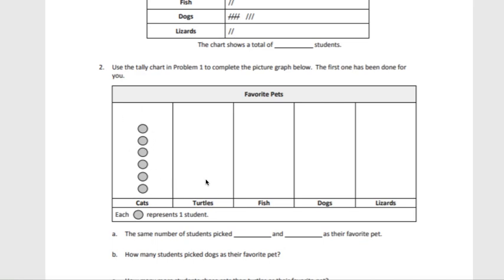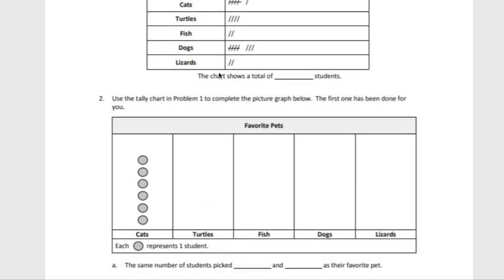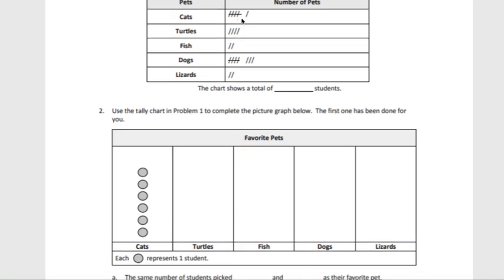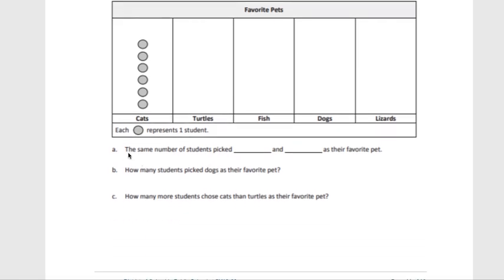So you would make a circle for each tally mark that was up here. So for turtles, for example, there are 4 kids that voted for turtles. So that means you would do 1, 2, 3, 4 circles. Now, then you need to answer using the data that you have. You are going to then answer these questions.